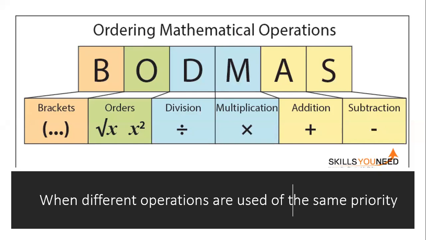But, guys, listen to me carefully. First of all, we need to notice that division and multiplication are of the same priority. You see them, they're both blue. Addition and subtraction are also of the same priority.